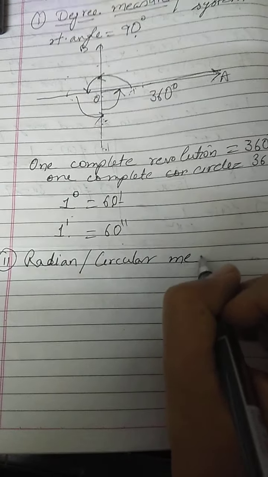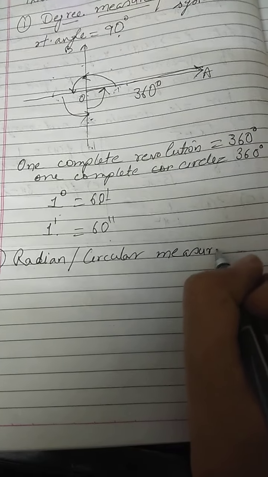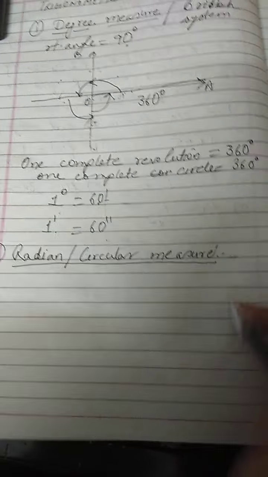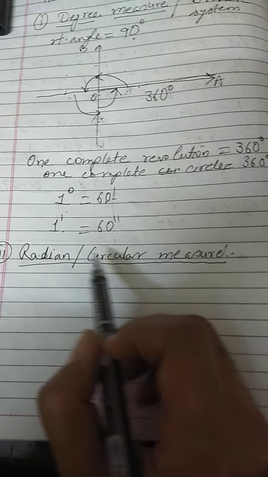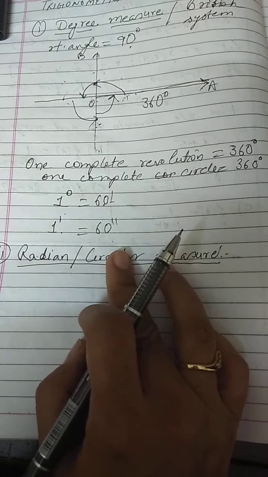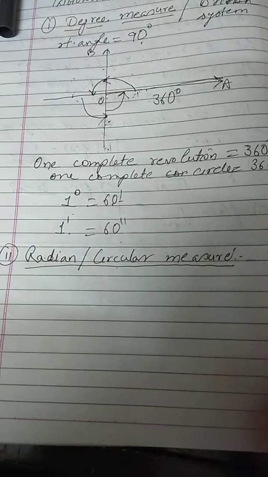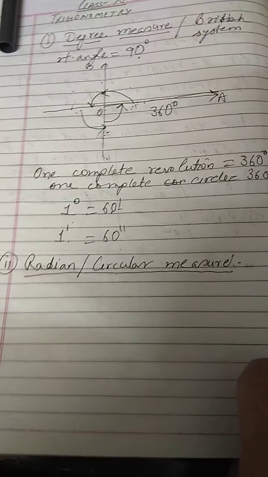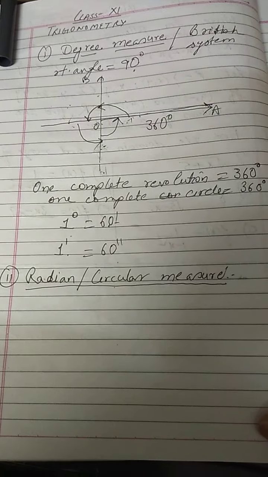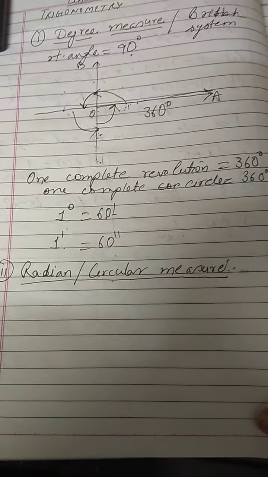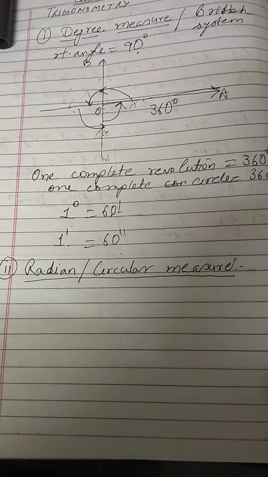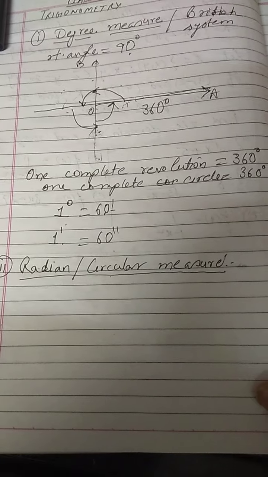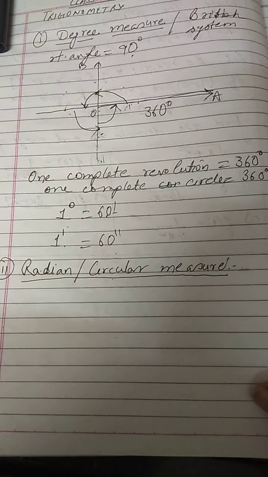If you just look at the names, circular is coming from the word circle, radian is coming from the word radius. So this angle is actually connected with the radius of the circle. This measurement of angle is connected with the radius of the circle.